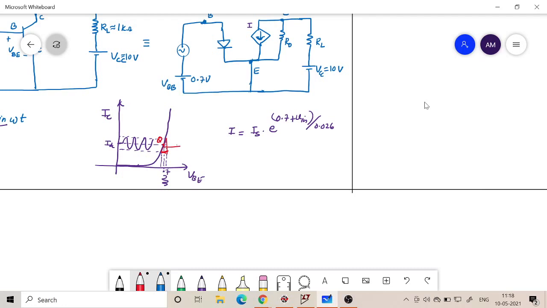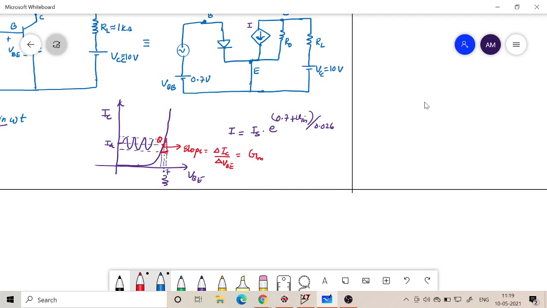What is this slope? The slope is equal to delta IC divided by delta VBE. So this is my GM. This is another way of defining GM. It is the change in the collector current divided by the change in VBE.